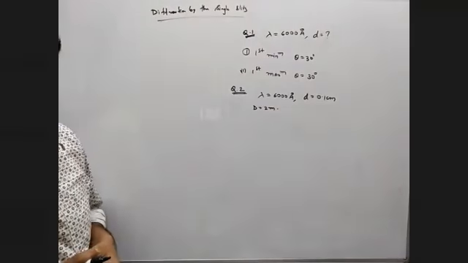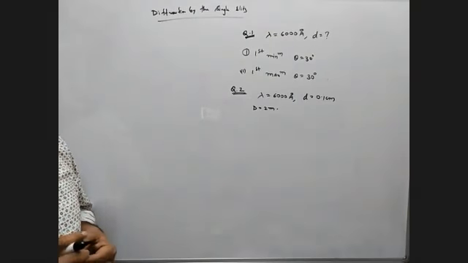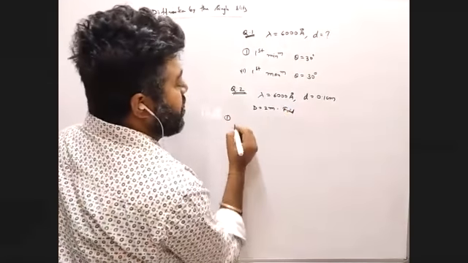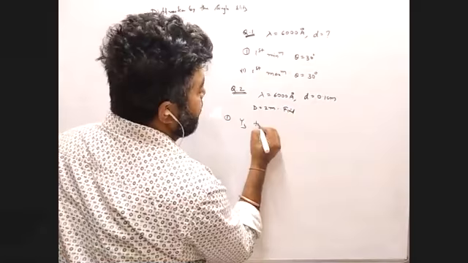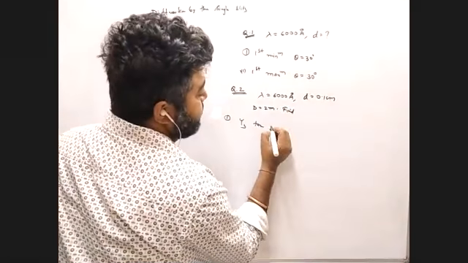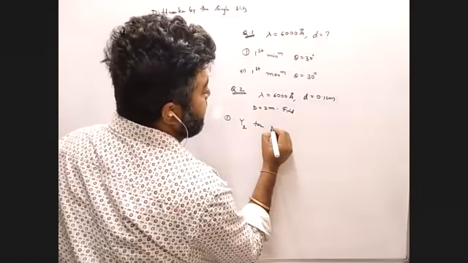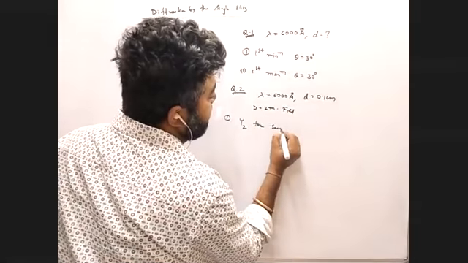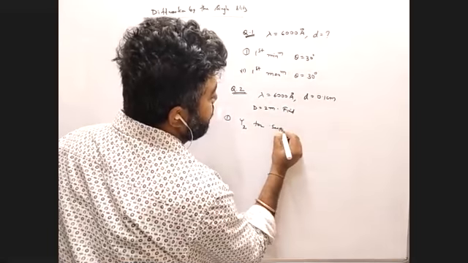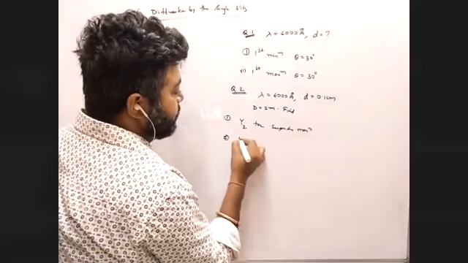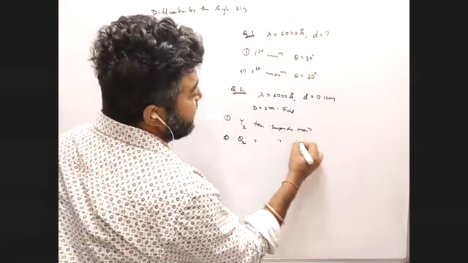So find number 1, y2 for secondary maximum. Number 2, theta 2 for secondary maximum.